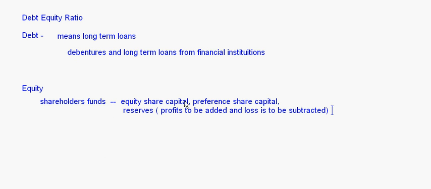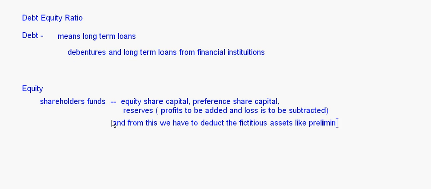So this is basically equity share capital, preference share capital, reserves, and from this we have to deduct the fictitious assets like preliminary expenses. Right? So when I say equity, it means shareholders' funds.